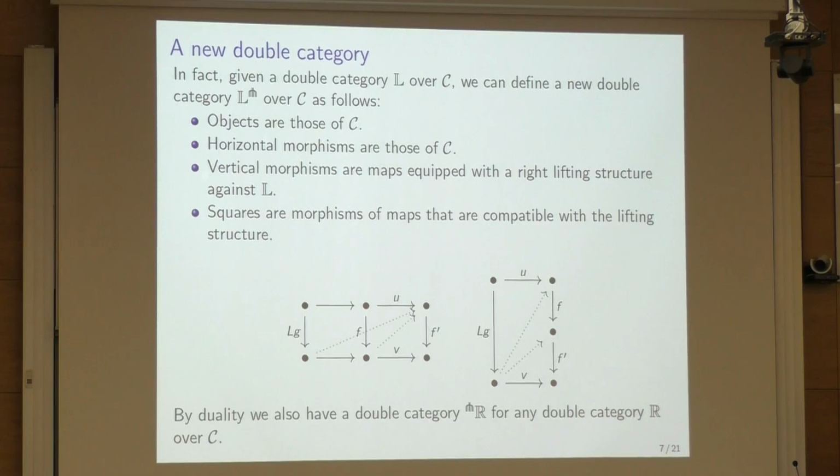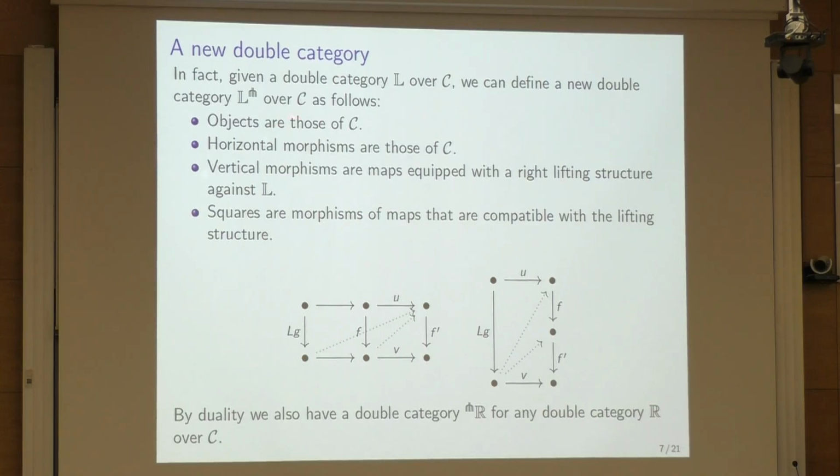So, in fact, what happens is that if you look at all the maps which have a lifting structure against this double category L, they can also be organized into a double category. So we get a kind of orthogonal double category.